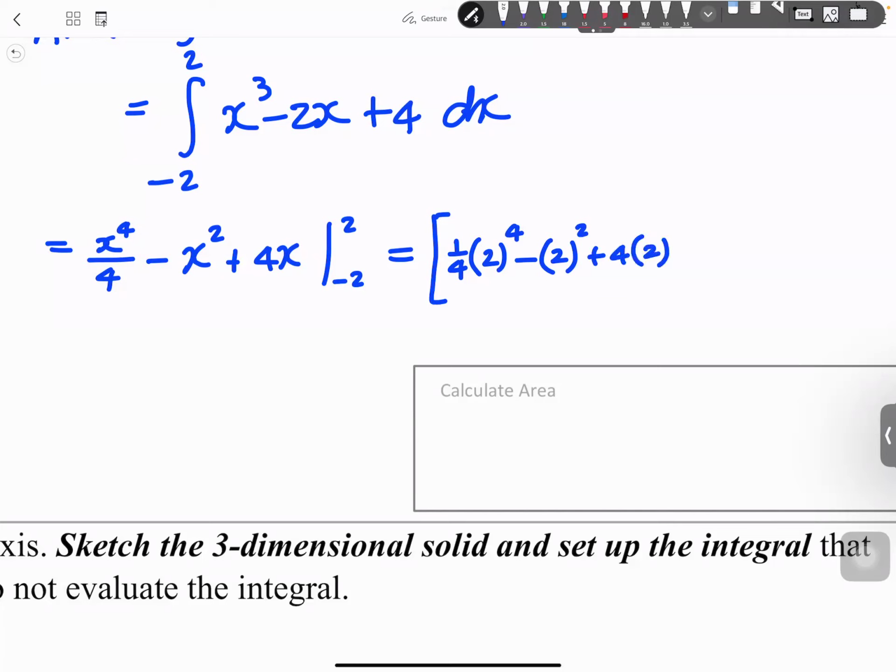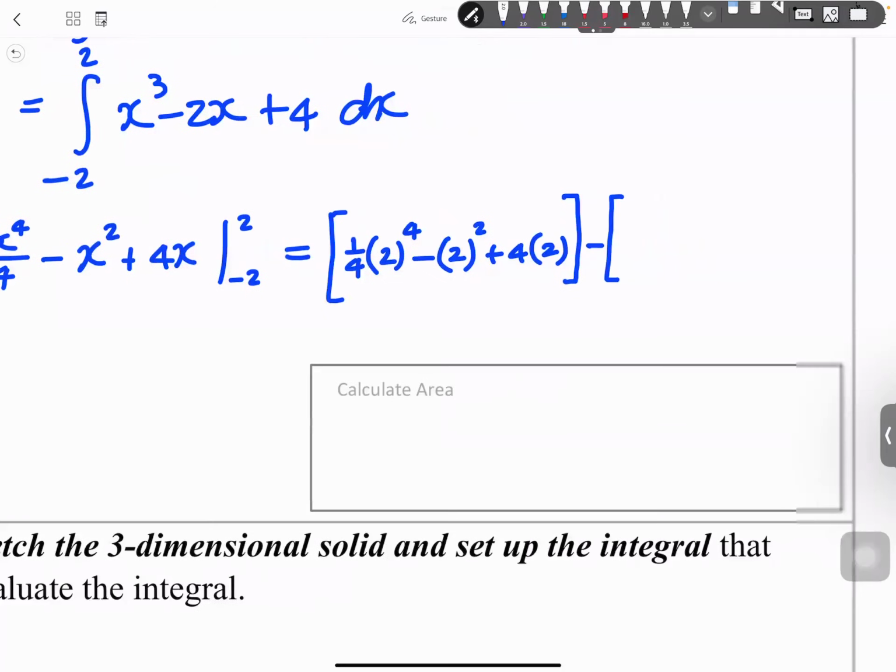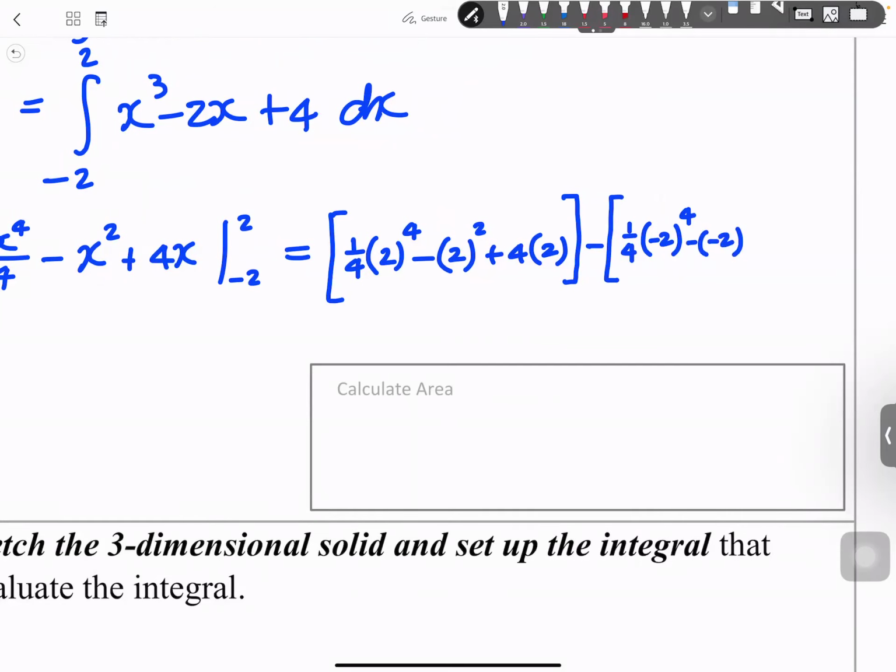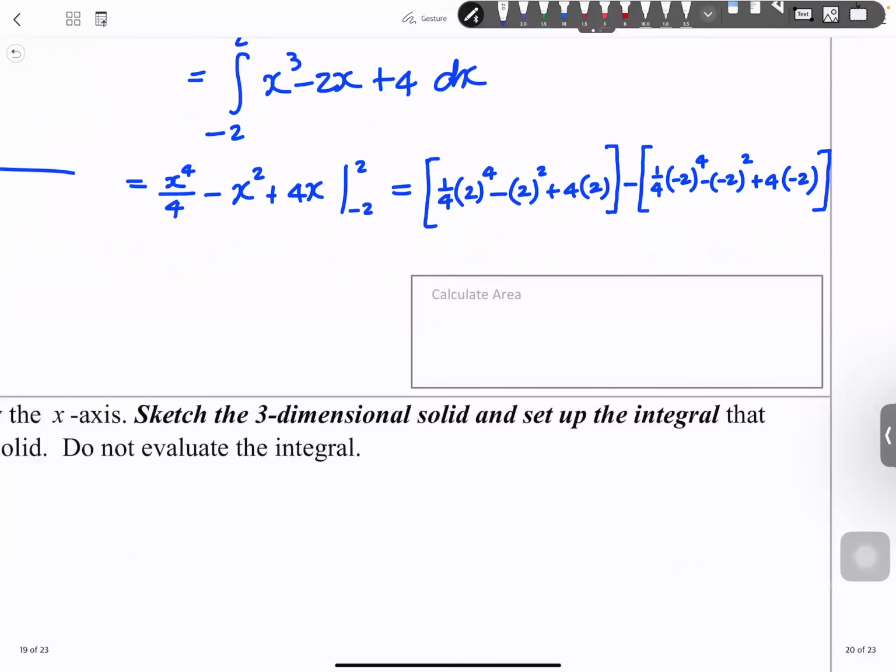Plug in top minus plug in bottom. Let's see if I can fit it in. 1 over 4 times -2 to the power 4 minus -2 squared plus 4 times -2. Once you've shown this much, you can definitely use your calculator.